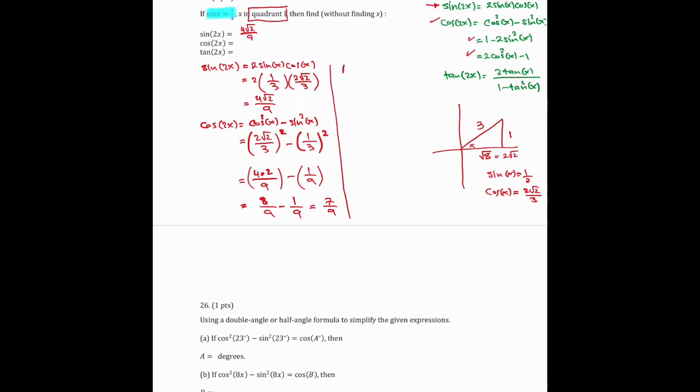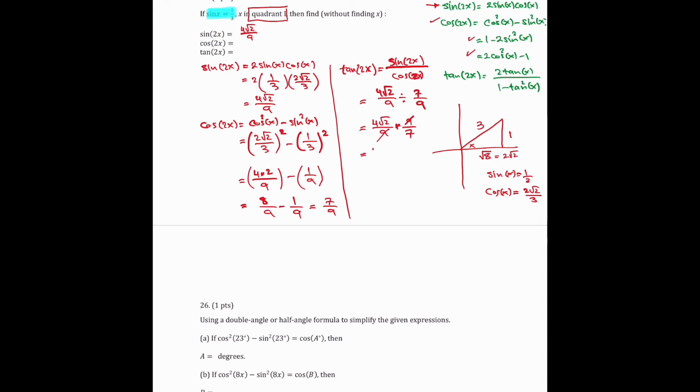And then tangent 2 theta, or 2x. I know tangent 2x is sine 2x over cosine 2x, and we computed both of these. So this is going to be 4 square root of 2 over 9 divided by 7 over 9, which can turn to 4 square root of 2 over 9 times 9 over 7.